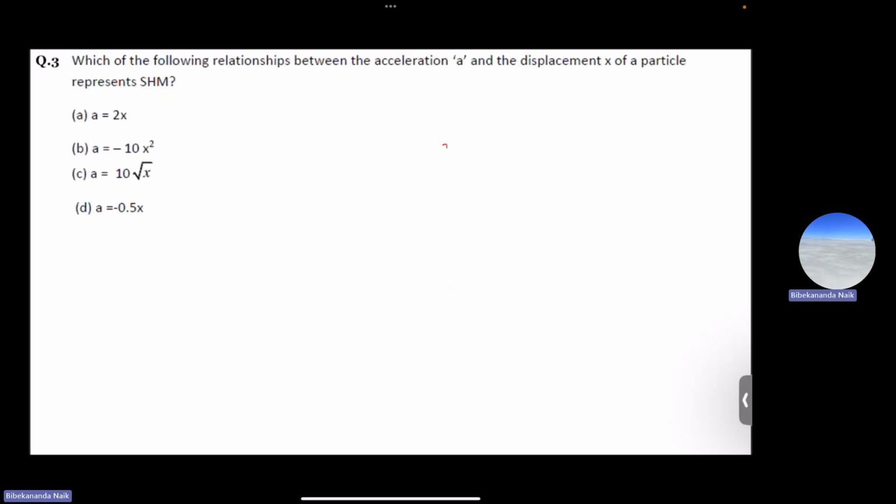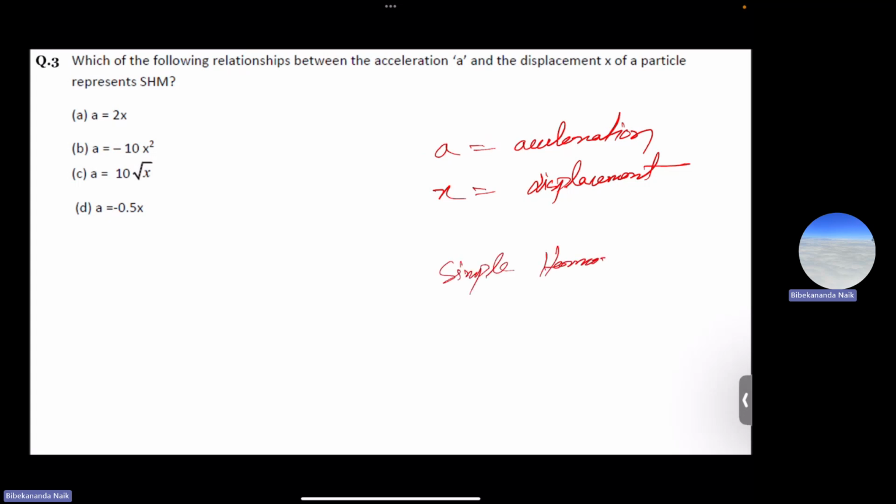So here a is acceleration and x is displacement, and from this relation we need to find out which expression represents simple harmonic motion.